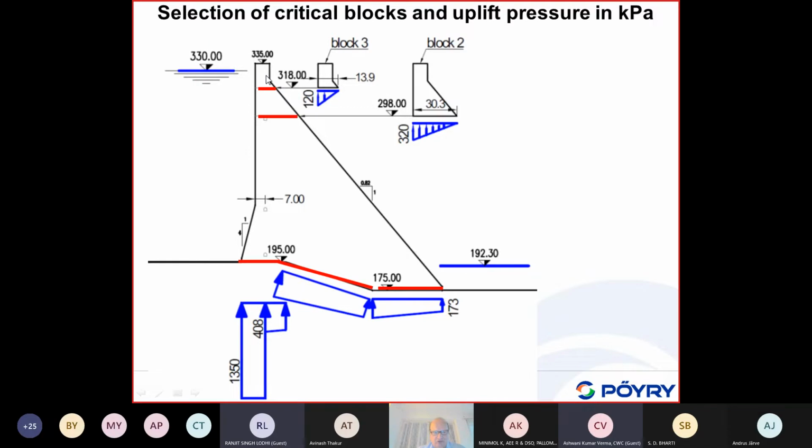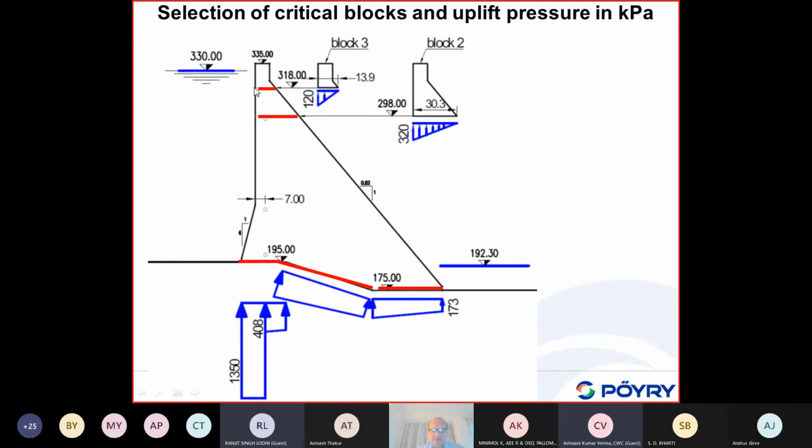Therefore, there are blocks near the dam crest which have inertia forces 4 times larger than those at the base. So most likely we have some blocks here which will destabilize, and we can also have some larger blocks.